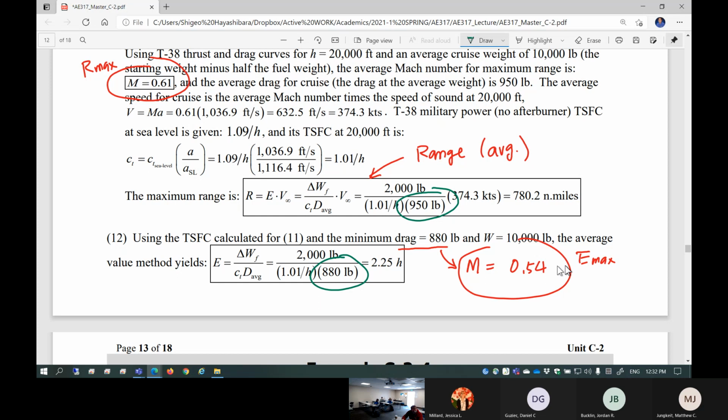If you look at the sailplane, you can determine minimum sink rate and also maximum glide range. That is essentially range and endurance of a sailplane, which is different for this case. This is the case for turbojet to turbofan range and endurance. Now today we are going to take a look at propeller airplane range and endurance, which is different. Let's take a look.